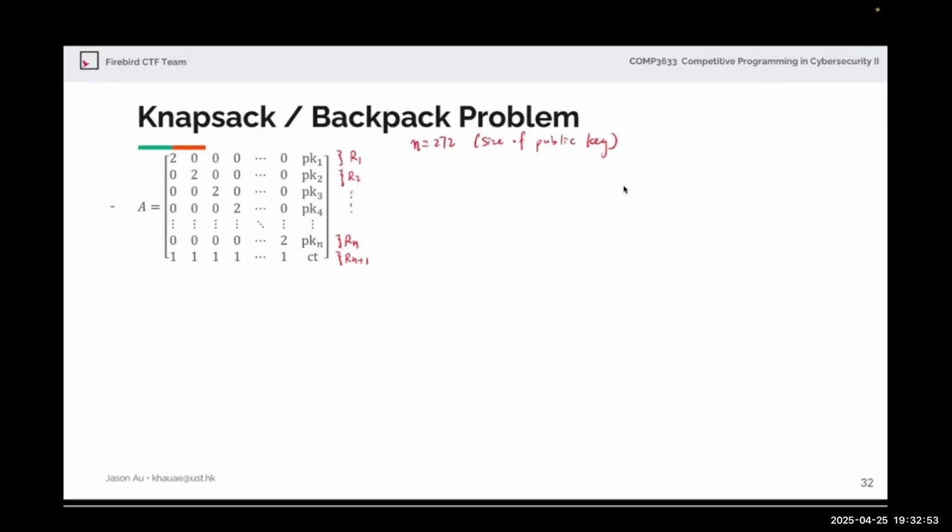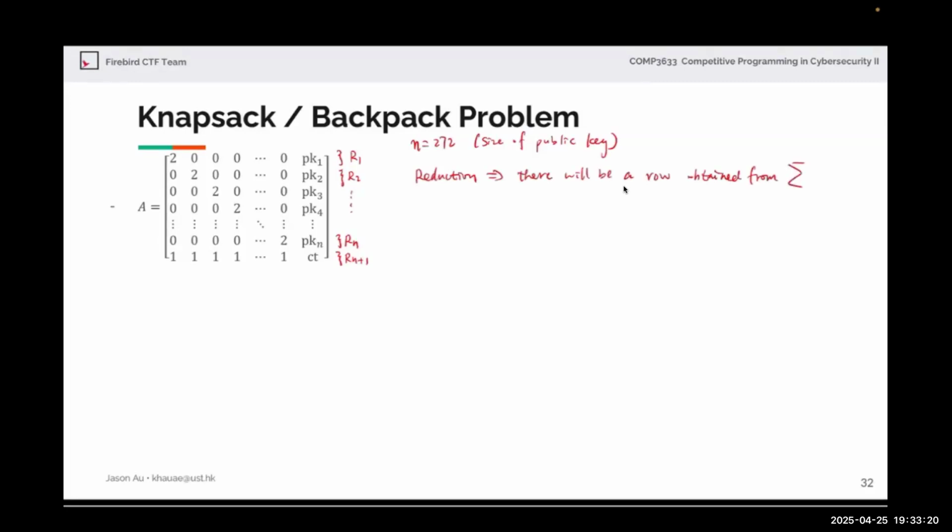Okay, and then we perform some reduction. So maybe we do some reduction, and then there will be a row which is obtained from the sum of something.